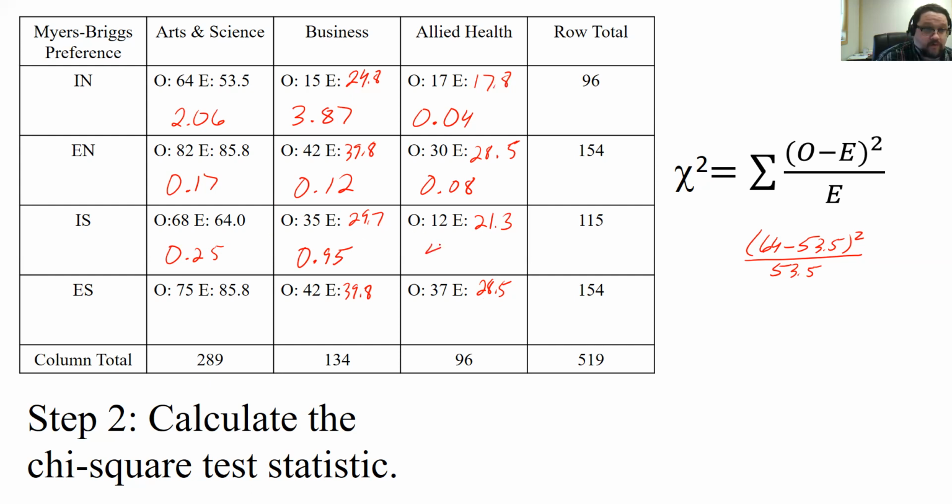Yeah, 4.06. All right. 75 minus 85.8 squared, divided by 85.8. 1.36. 42 minus 39.8 squared.